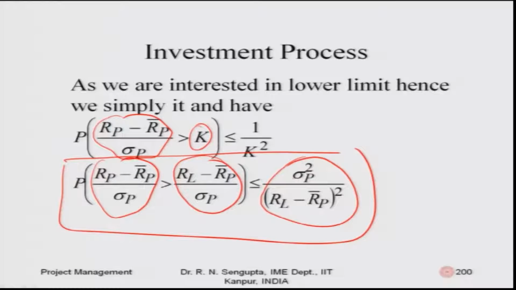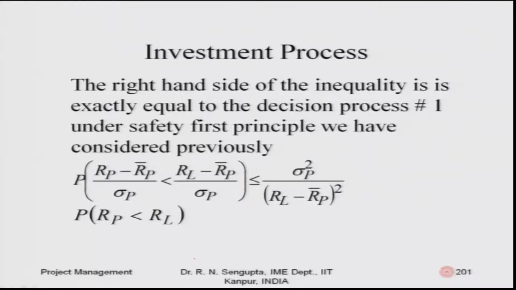Then we find out these differences of the probabilities and find out the values and rank them from the highest to the lowest or the lowest to the highest, and then take the accordingly values such that we are able to get the best so called portfolio of projects considering the safety first principle. The right hand side of the inequality is exactly equal to the decision process number 1 under safety first principle, because we have considered this previously.